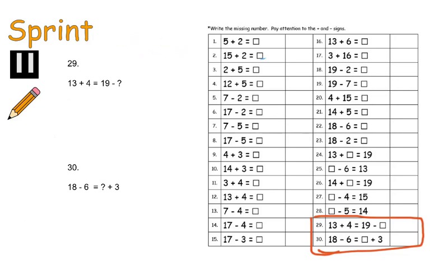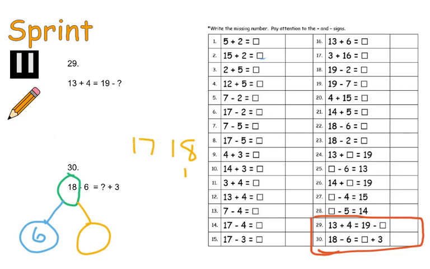Now I'm going to start the next one with you, number 30, the last one. But I'm not going to do the whole thing. You have to finish it, okay? To find out this one, we have to do 18 and take away 6. So we're going to count down again because it's take away. 18, 17, this is 1, 2, 3, 4, 5, 6.